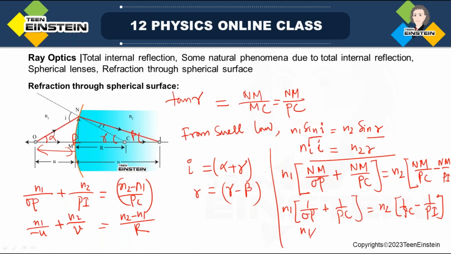Okay, so if we just simplify this relationship, we get N2 by V minus N1 by U is equal to N2 minus N1 by R. Okay, so this is the relationship we get.